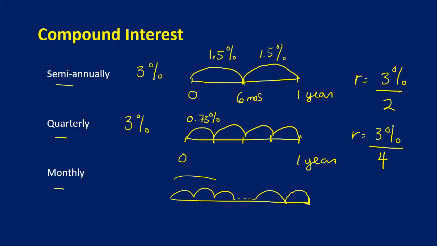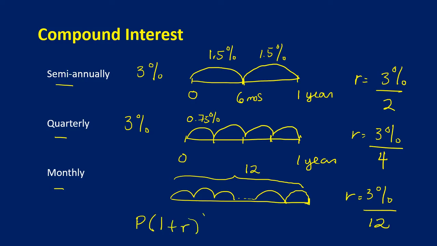And similarly, if it's monthly, you will do it 12 times. Okay, so this here is 12 times. And what is the rate per period? The rate per period is 3% divided by 12. And then again, you will still use, that's why I used P times 1 plus R raised to N, where R is the rate per period.